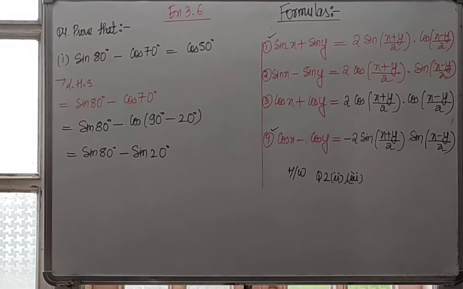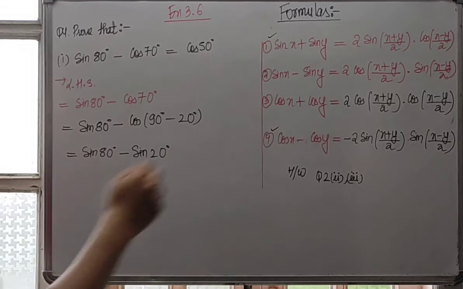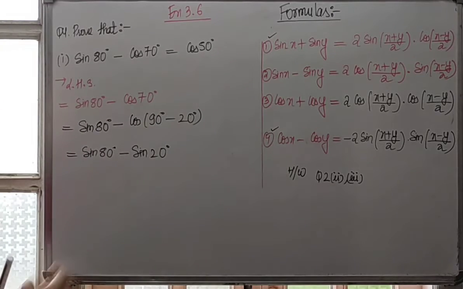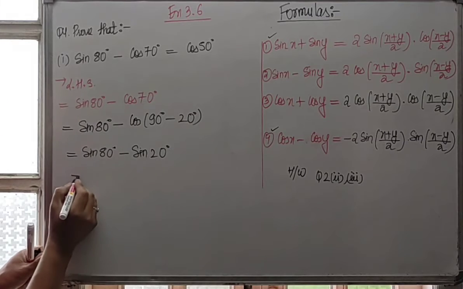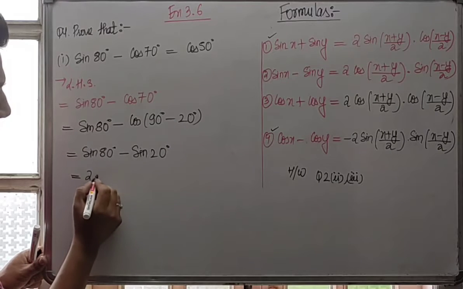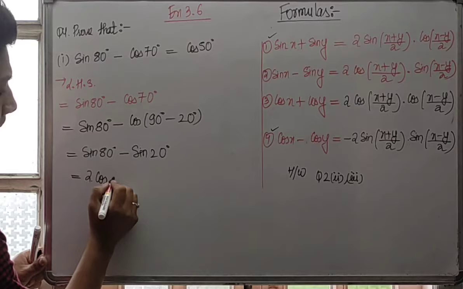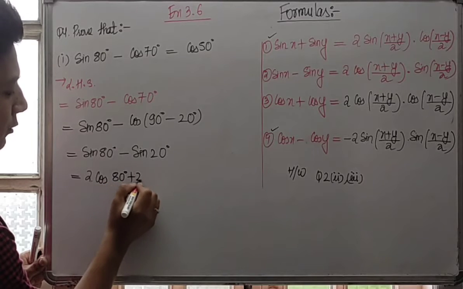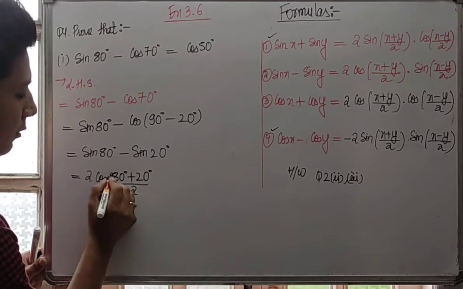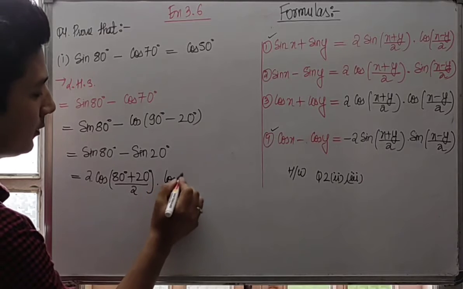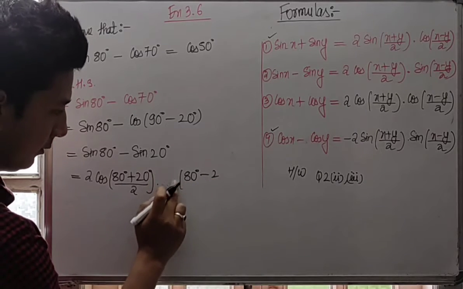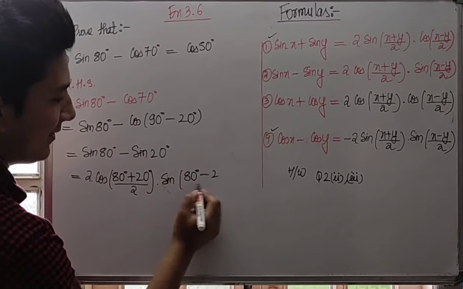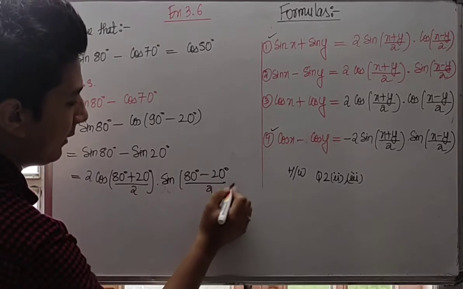So which formula can I use? Please check. We can use formula number 2: sine x minus sine y. x is 80, y is 20. So let's use the formula. The formula is 2 cos of (80 plus 20) divided by 2, into sine of (80 minus 20) divided by 2.